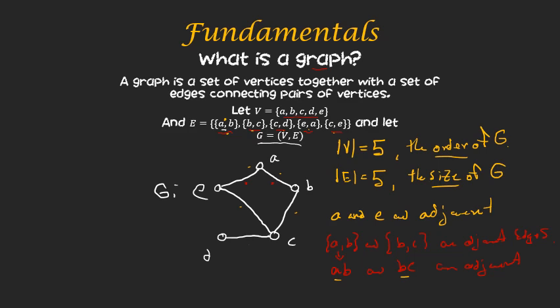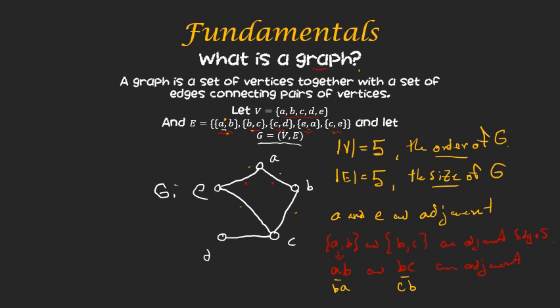That's okay to do. Notice that in the case of a simple graph like this, the edge AB is the same as the edge BA or CB. When we have directed edges, it won't quite be the same, there'll be some direction to it. But for now, we can do that.